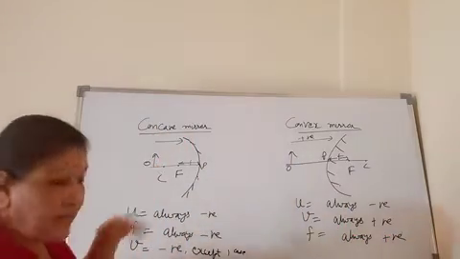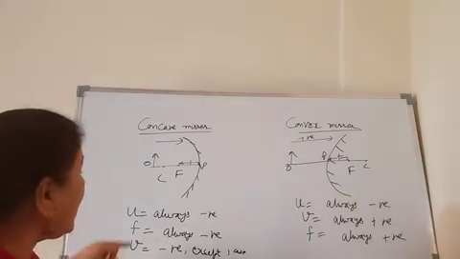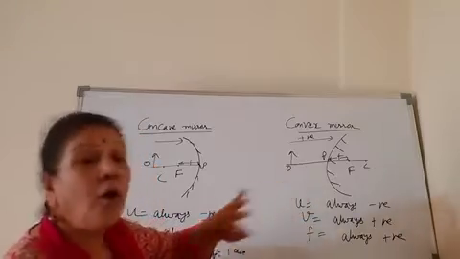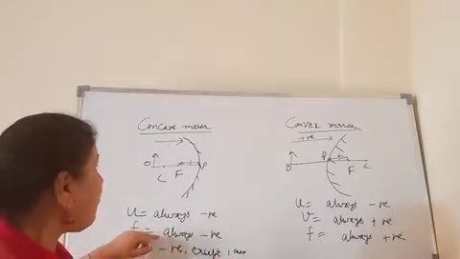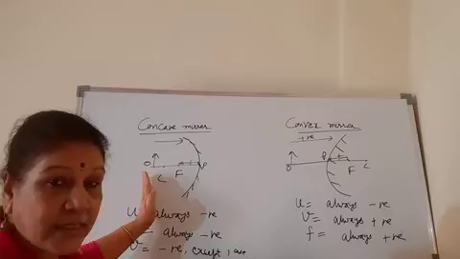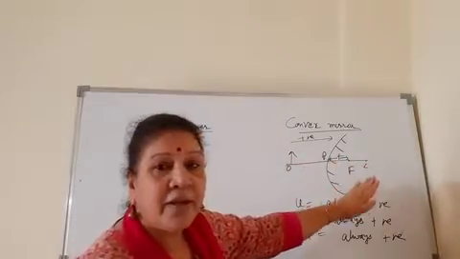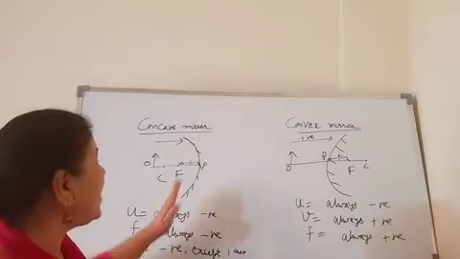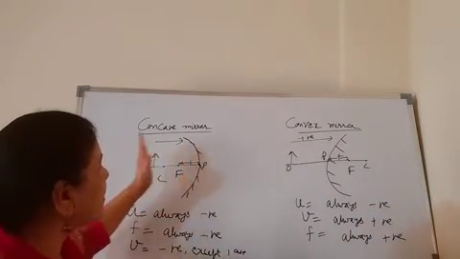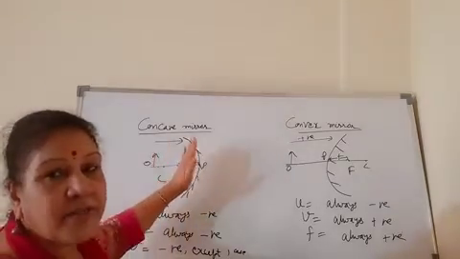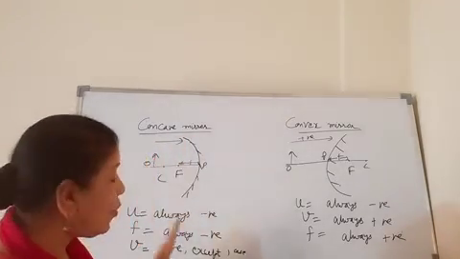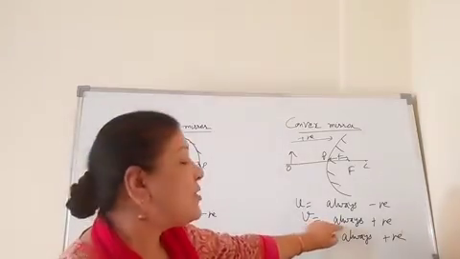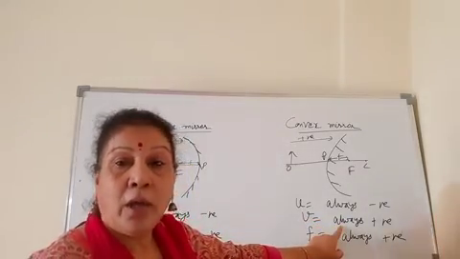So we'll just recollect one more time. U for concave as well as for convex mirror is always negative. F for concave mirror is negative. For convex mirror it is positive. V, barring one case, is negative for concave mirror because all the images are in front of the mirror, which is opposite to the direction of incident ray, whereas V is always positive for convex mirror.